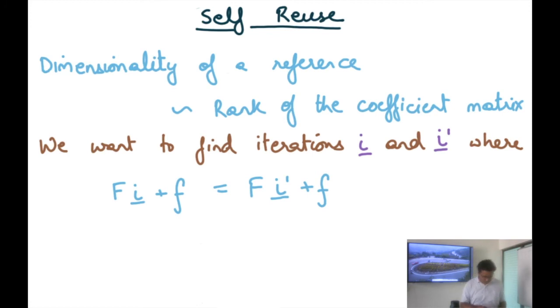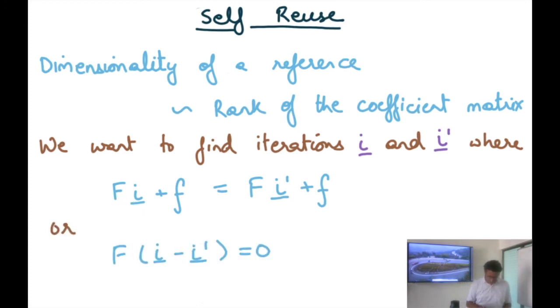Because capital F and small f basically represent the mapping from loop iteration space to the array access space, and we are interested in finding out what are the two iteration indices for which they access the same location. In other words, capital F I plus small f should be equal to capital F I prime plus small f. Notice that it's the same capital F and small f on both sides. The only difference is the iteration index vector I.